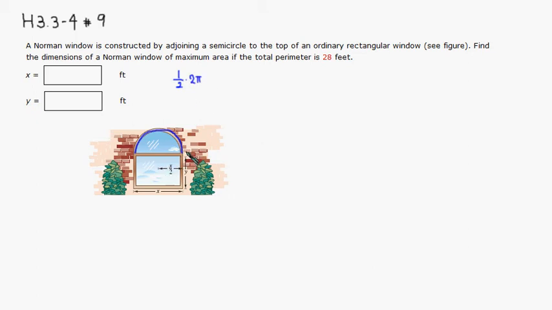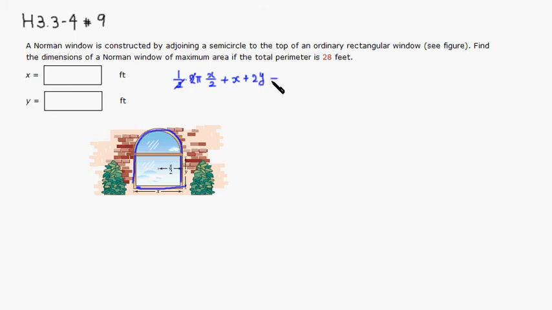The radius is x over 2, so we can cancel the 2 and 2. So that's this part right here. Then you have another x on the bottom, so x, then you have 2 y's, so plus 2y.